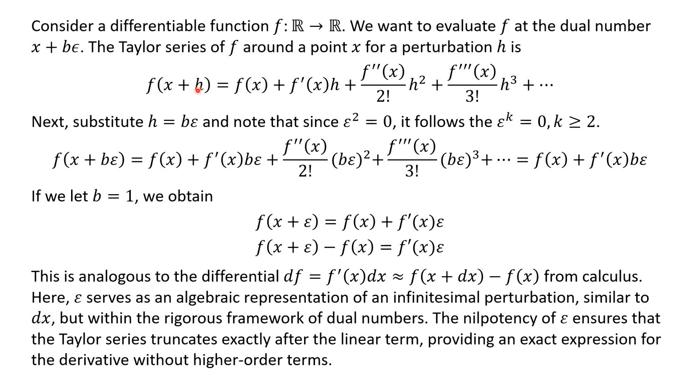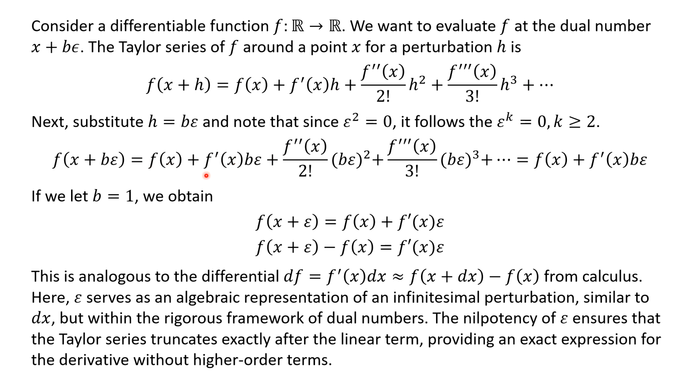In order to find f at x plus b epsilon, we have to plug in b epsilon for h, which we'll do here. But keep in mind that epsilon squared is 0, and that means epsilon cubed, epsilon to the fourth, and so on are all equal to 0.